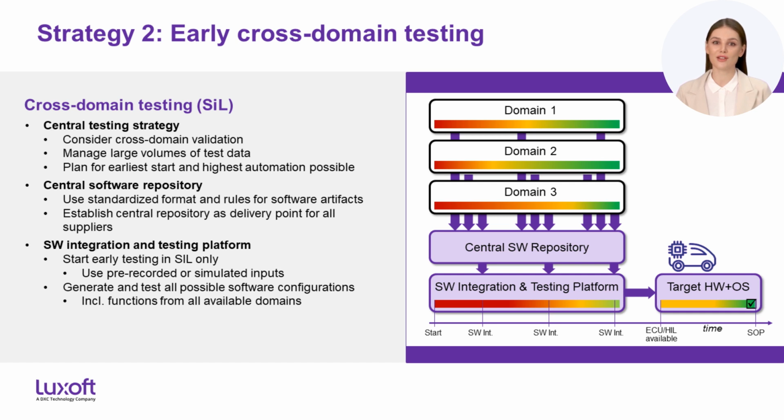At the beginning, this platform may only execute software-in-the-loop tests with pre-recorded inputs. With time, it can evolve towards processor-in-the-loop tests and a simulated environment. In all cases, the completely integrated software should be tested from end to end, and for all possible software configurations.